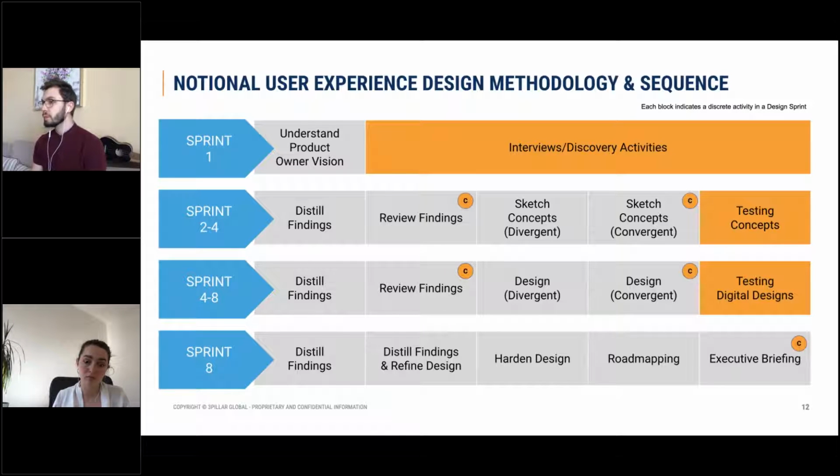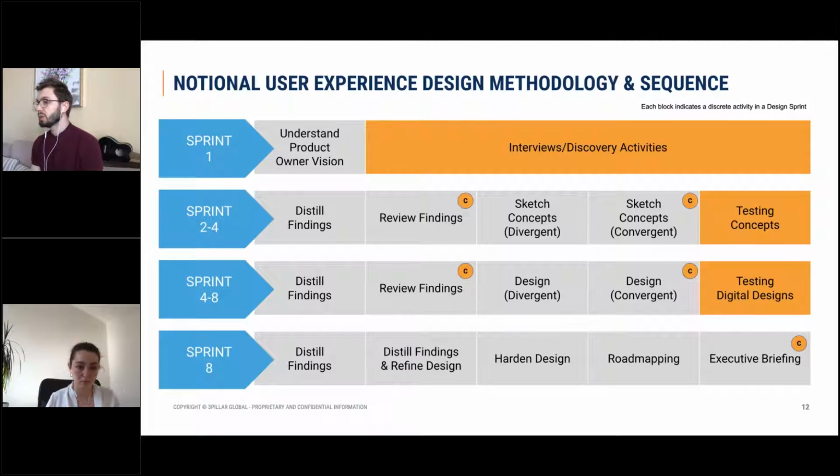So during this discovery phase, what we'll do is run design sprints and produce a set of concepts. And over time, as we iterate and iterate, our design sprints would actually produce more and more high fidelity prototypes that we would test at the end of each design sprint.